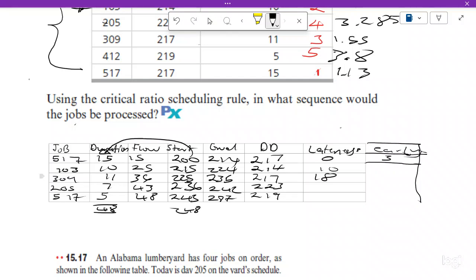Then 223 minus 242, we have 19, and 219 minus 287, we have 68. 68 plus 19 plus 18 plus 10, we have 115. This is the biggest lateness I've ever seen. Remember, lateness doesn't add value. The higher the lateness, the less you benefit.